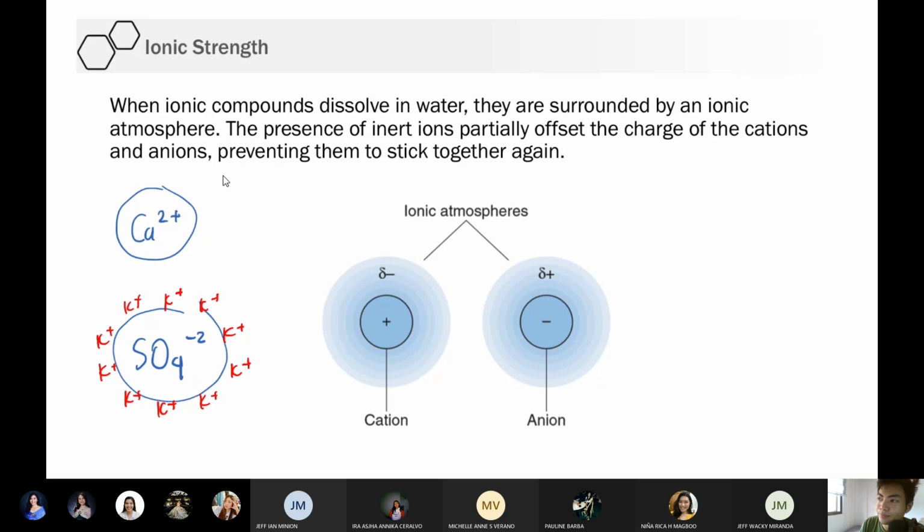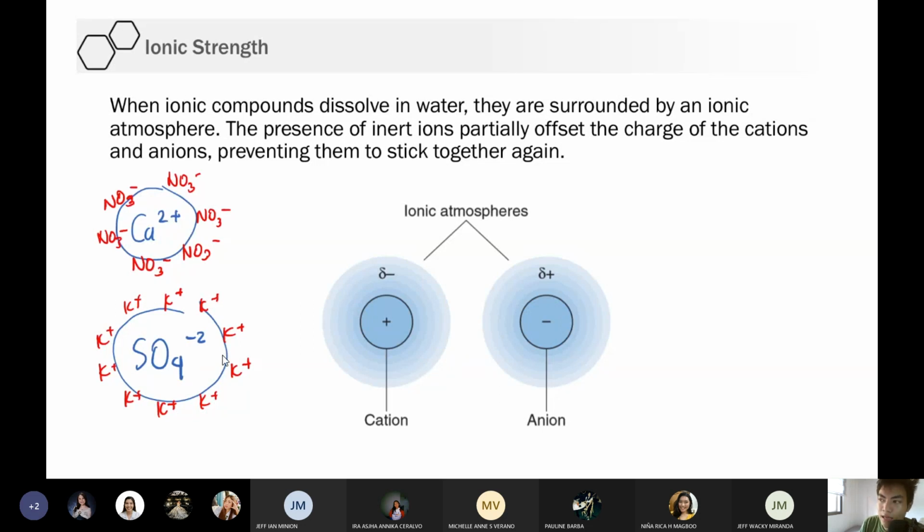How about calcium? We have nitrate ions from our inert salt. Nitrate ions will flood the atmosphere of calcium, starting to flood your calcium hydration sphere.